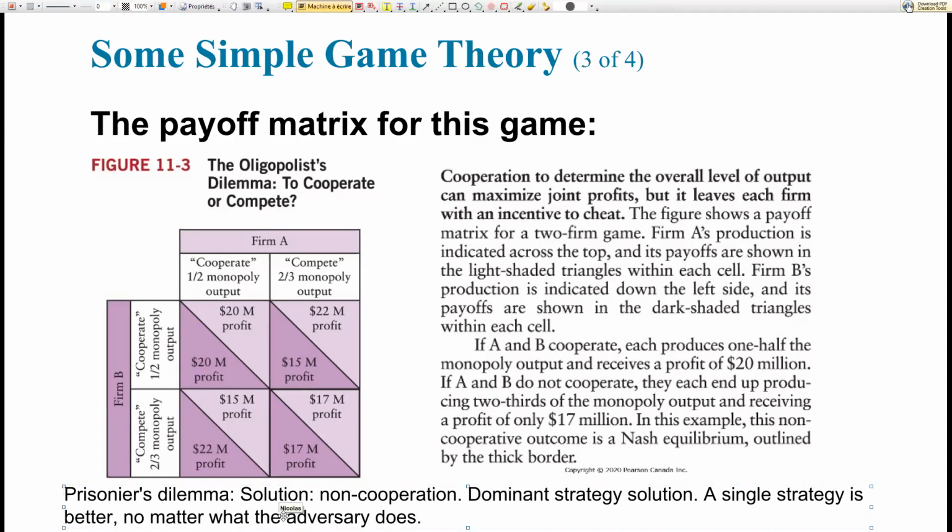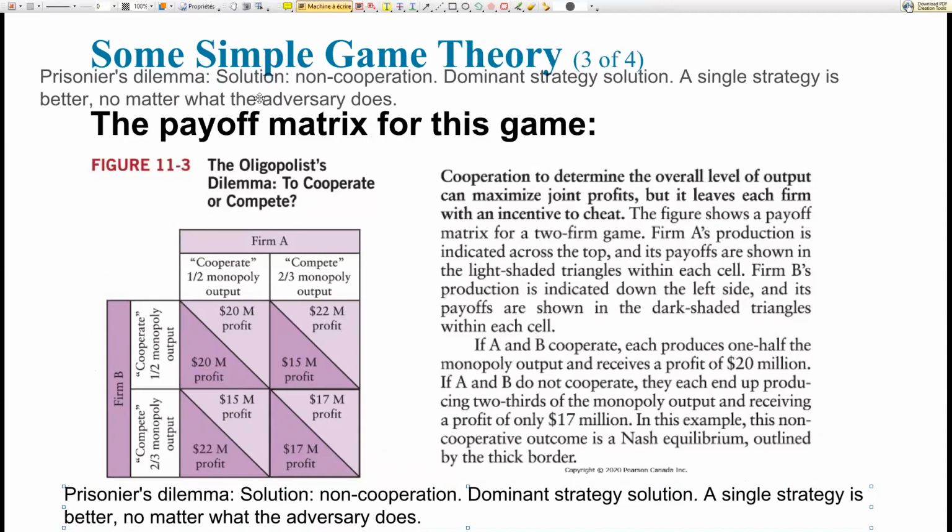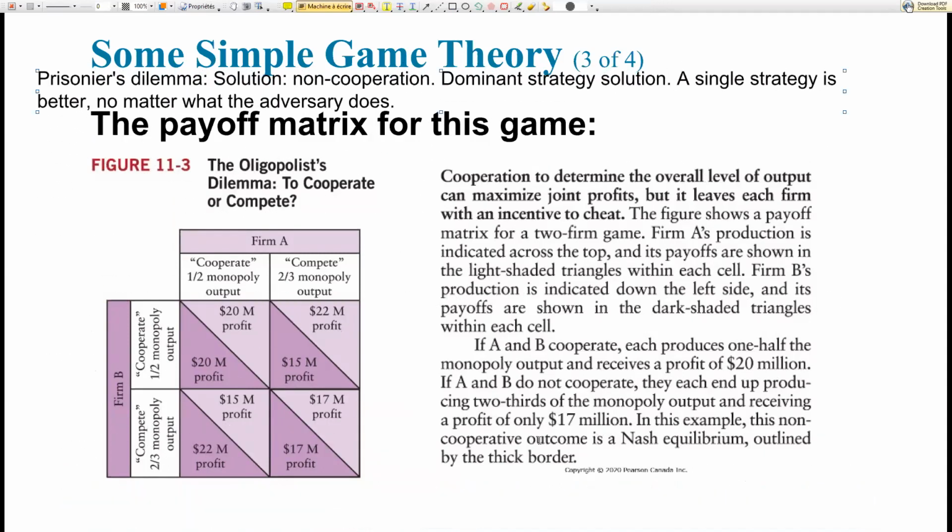But here they are talking about Nash equilibrium, so let me see what the Nash equilibrium is. So Nash equilibrium.